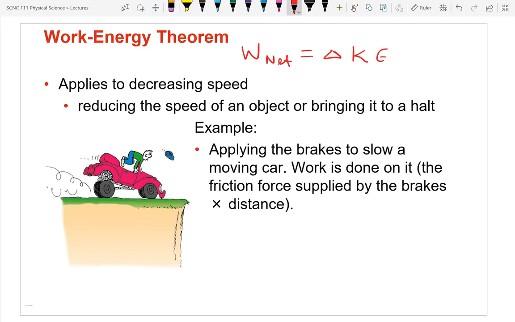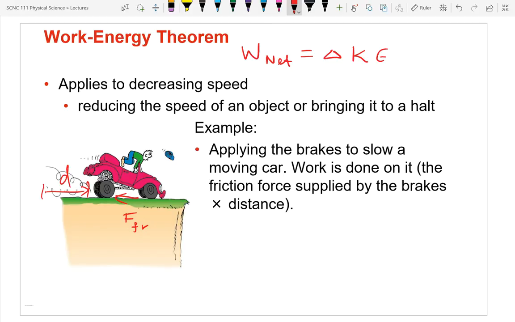And so an example here: I don't know how this dude is hitting the brakes when his feet are up in the air, but nonetheless, he's hitting the brakes to try to avoid going over that cliff. He must have hand brakes, I guess, or maybe he applies the emergency brake. There is work being done because there's a force of friction acting on the tires, and he's traveling a distance d in this direction.